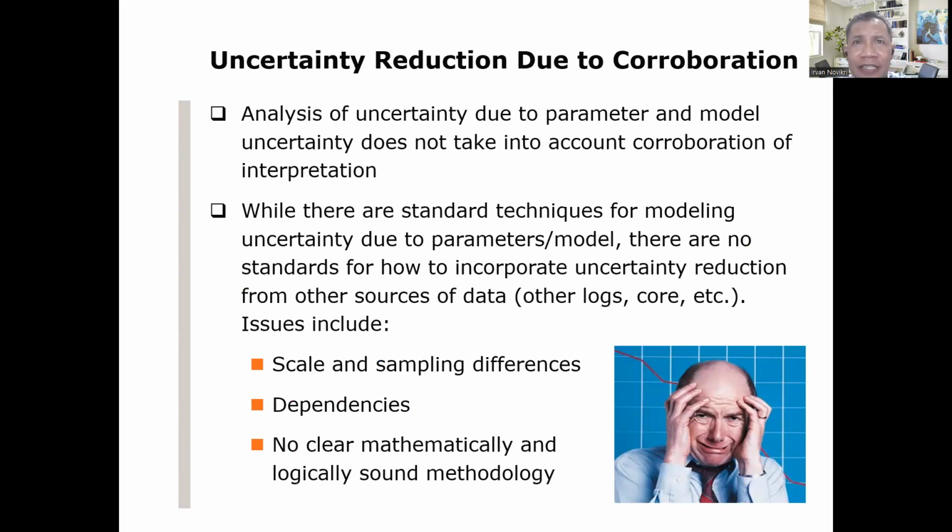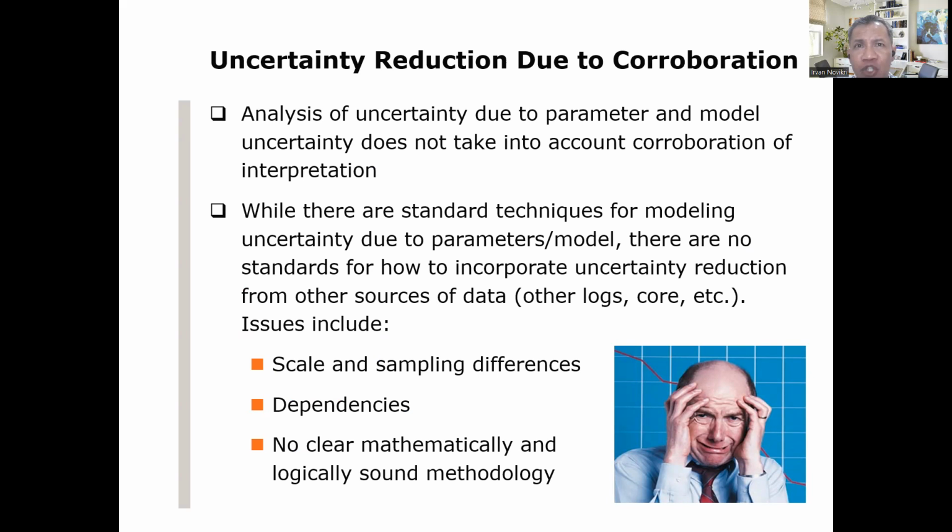The concept of uncertainty reduction through corroboration in the context of analyzing parameter and model uncertainty. It highlights that existing techniques for modeling uncertainty do not consider the corroboration of interpretation.